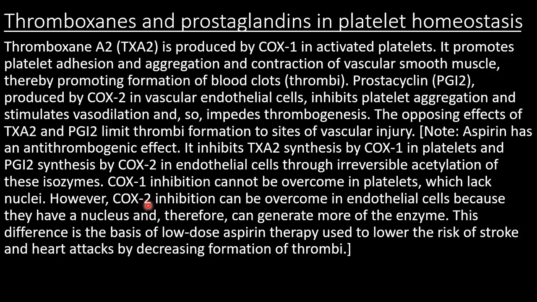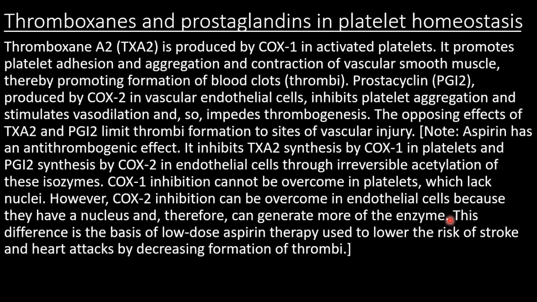But endothelial cells have nuclei. So COX-2 inhibition can be overcome because they can transcribe and translate for the formation of COX-2. So by doing so, you inhibit COX-1 selectively.